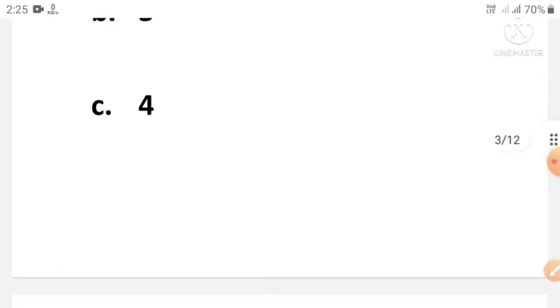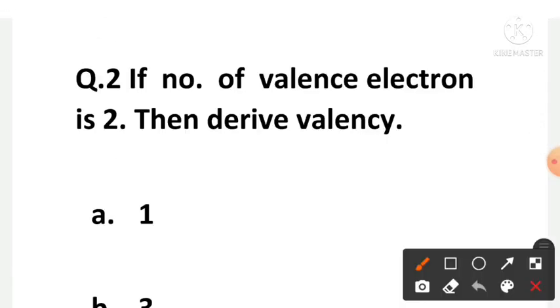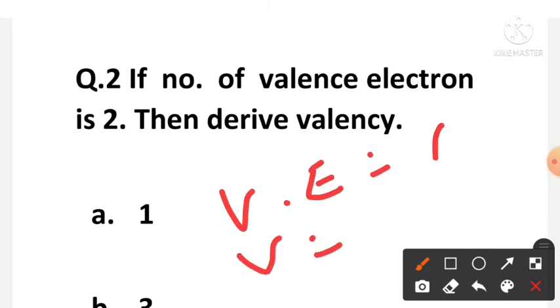According to the law, if the number of valence electrons is 1, then valency is also 1. In this way, if valence electrons are 2, then valency is also 2. So here you have to choose the correct option.